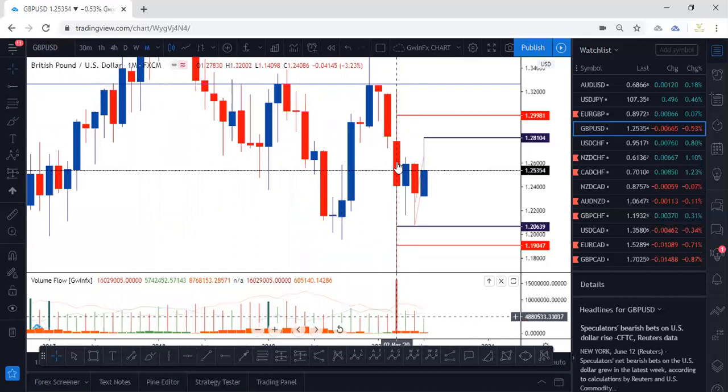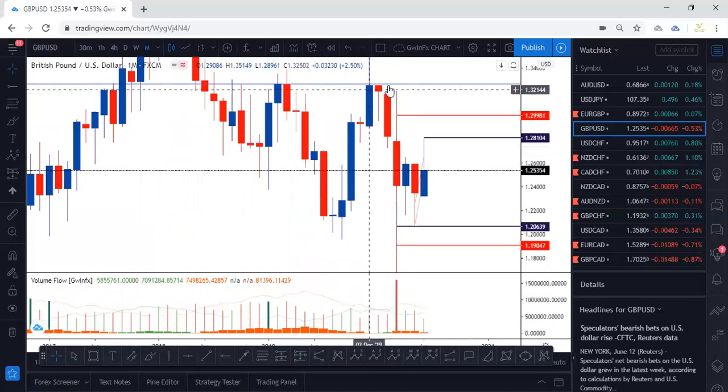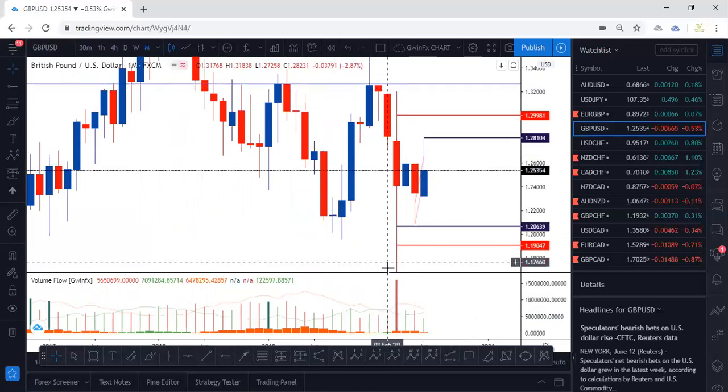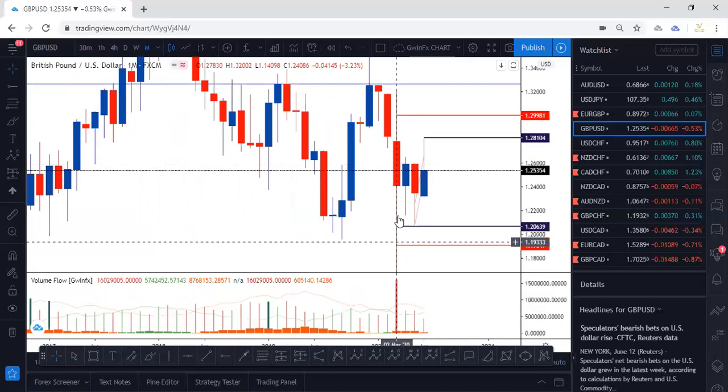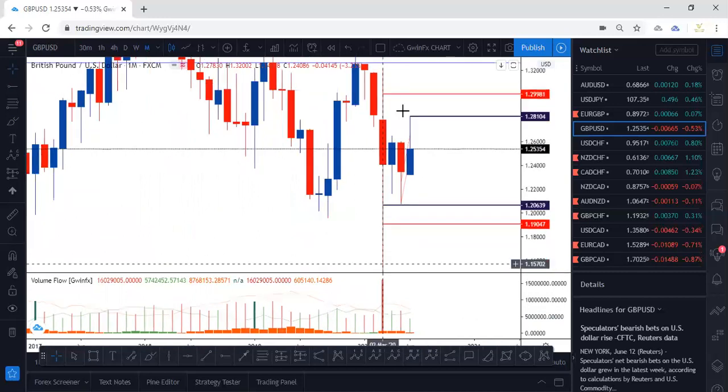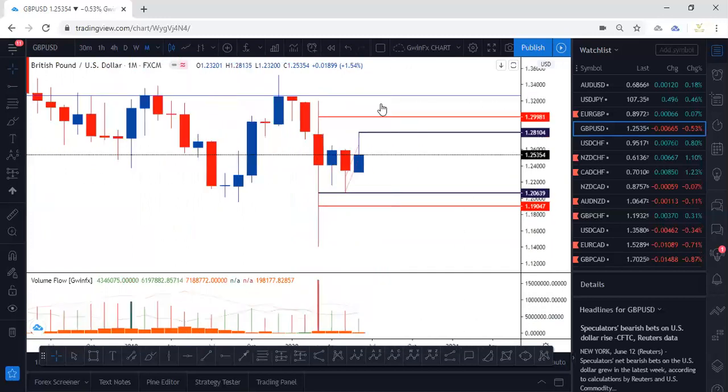With this massive volume, the bulls got out of the market. Whatever sold inside of here got out. So we had price then truncate back and try to go back to get some momentum. So overall, we want to sell, but we can also buy back into the sell zone.